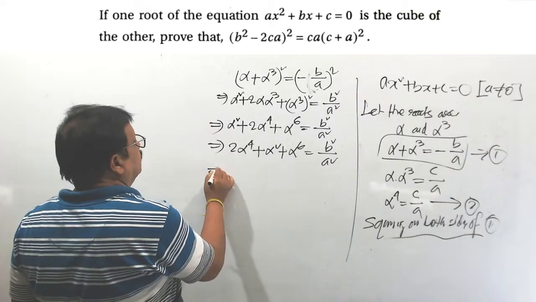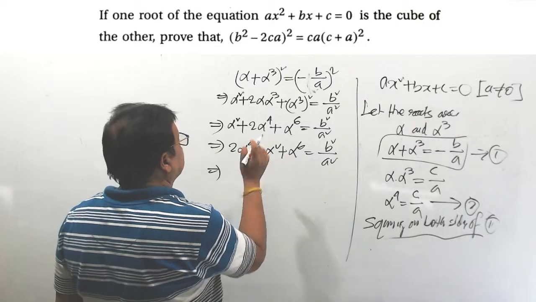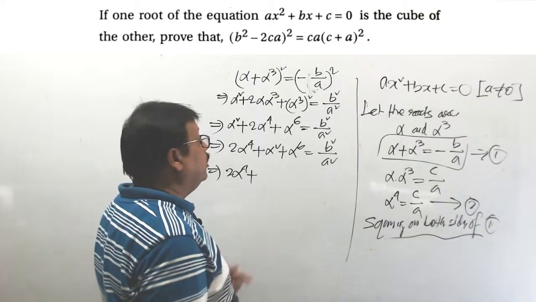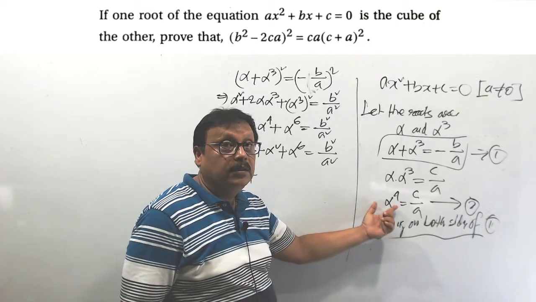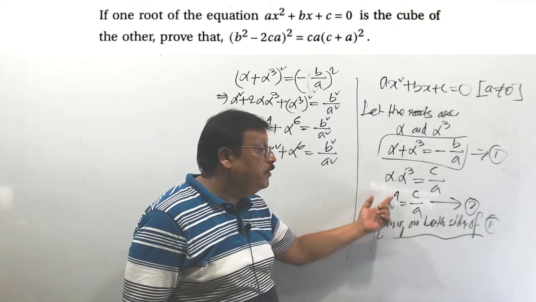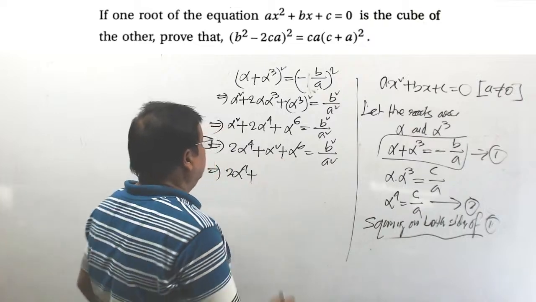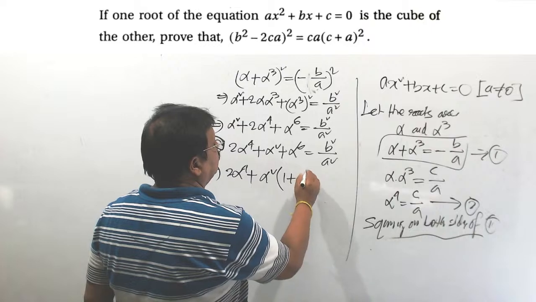Now do one thing, take common alpha square, 2 alpha to the power 4, or m. What will be our m? How can we put the values of alpha, especially in standard form? If you consider this directly alpha to the power 4, how will you bring here alpha to the power 4? That is, if you take common alpha square, then 1 plus alpha to the power 4, understood?